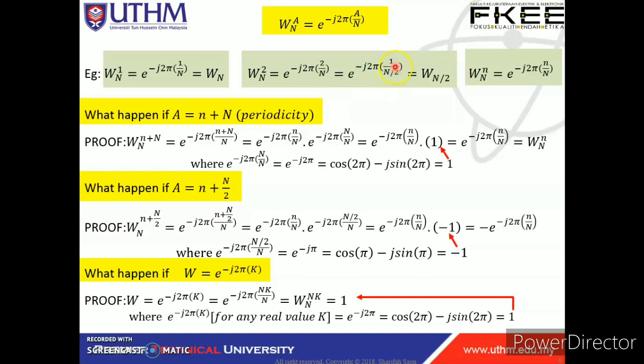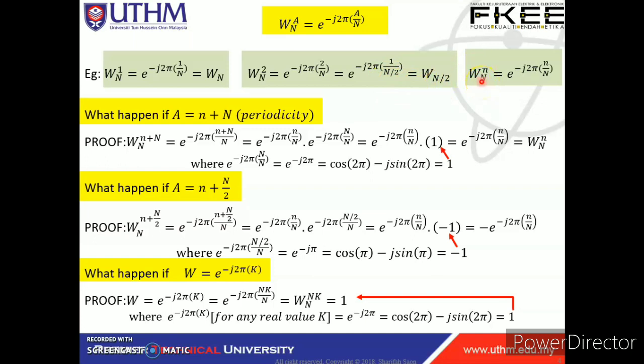Now we have 1 over N over 2. As I mentioned before, the numerator, 1, is at the upper side of W, and the denominator N over 2 is at the lower side of W.